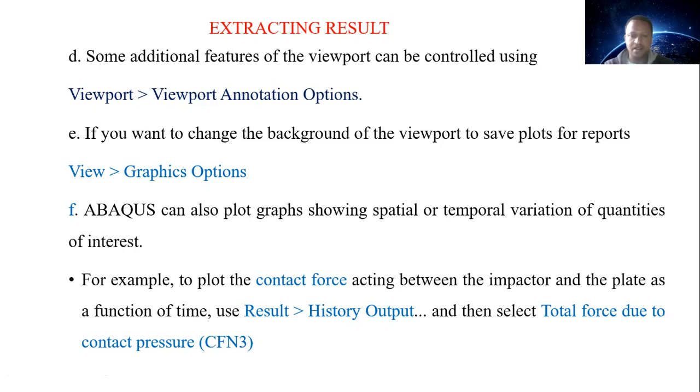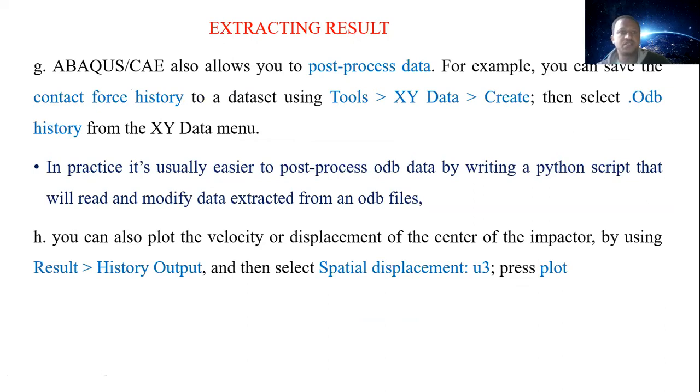Okay, these are also included. So Abaqus CAE also allows you to post-process the data. For example, you can save the contact force history to a dataset using Tools, XY Data, Create, then select ODB history from the XY data menu.